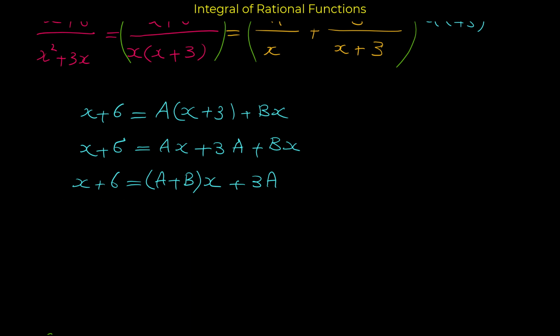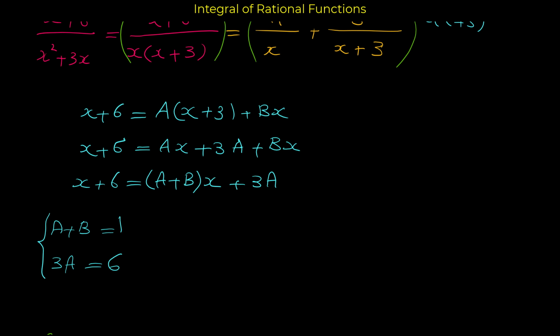So, now we have this. Coefficient of x in the left side is 1, but coefficient of x in the right side is A plus B. The constant in the left side is 6. The constant term in the right side is 3A.